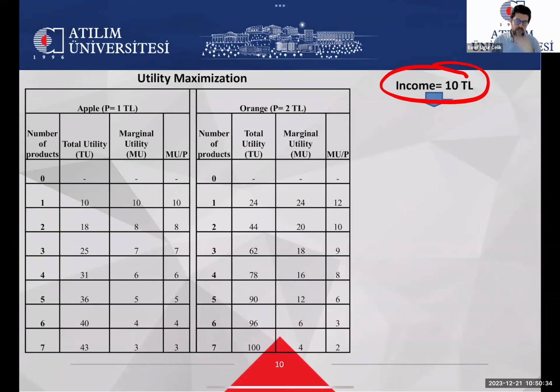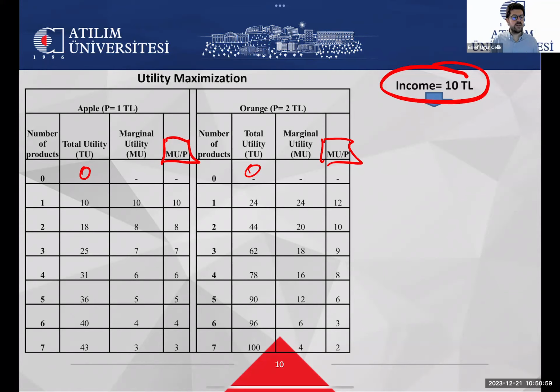For choosing, we can use the marginal utility per price rule. So we are comparing the last column, marginal utility per price for apple and for orange.